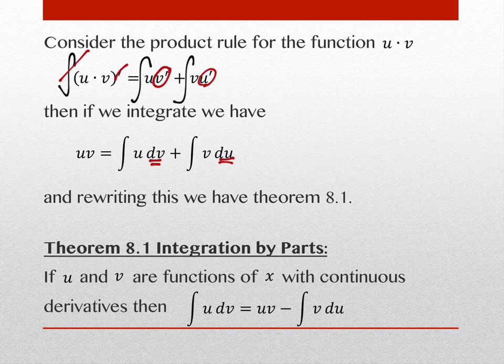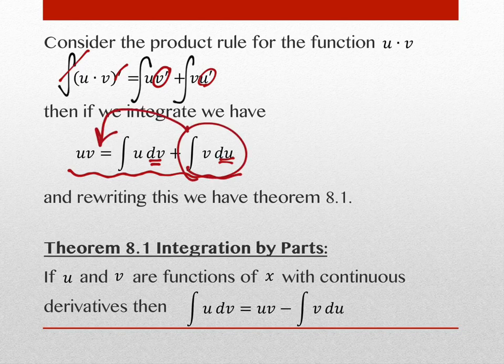And this is exactly what our definition looks like for integration by parts. Integration by parts, theorem 8.1, says, if u and v are functions of x with continuous derivatives, then I'm going to move some things around with a little bit of algebra. I'm going to take this piece and subtract it to the other side.